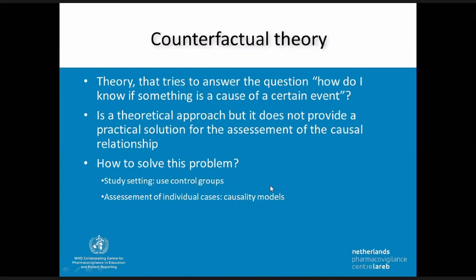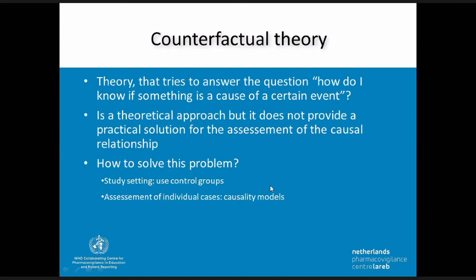If it's an anti-malarial, these people maybe have malaria, and you're giving them a drug to see if it's safe. Because we're looking at adverse drug reactions, we want to see, does this drug actually cause a reaction?